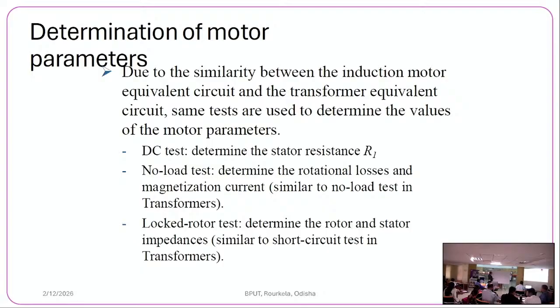At no load condition, the motor is rotating at maximum speed; with load, speed reduces. So slip is nearly equal to 0.